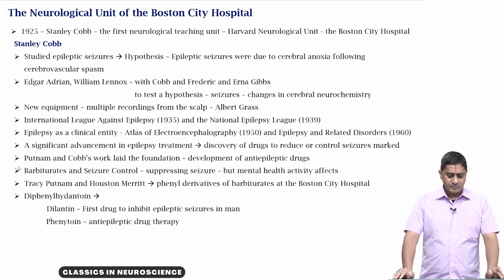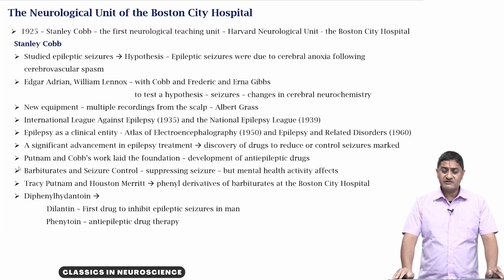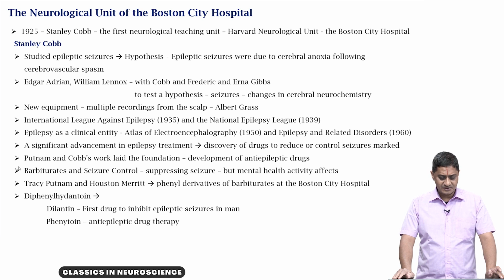Then Putnam and Cobb and their work essentially laid the foundation for the development of what later became the anti-epileptic drugs. Putnam continued this research in collaboration with another scientist, Houston Merritt, and they particularly focused on the phenyl derivatives of barbiturates at the Boston City Hospital.